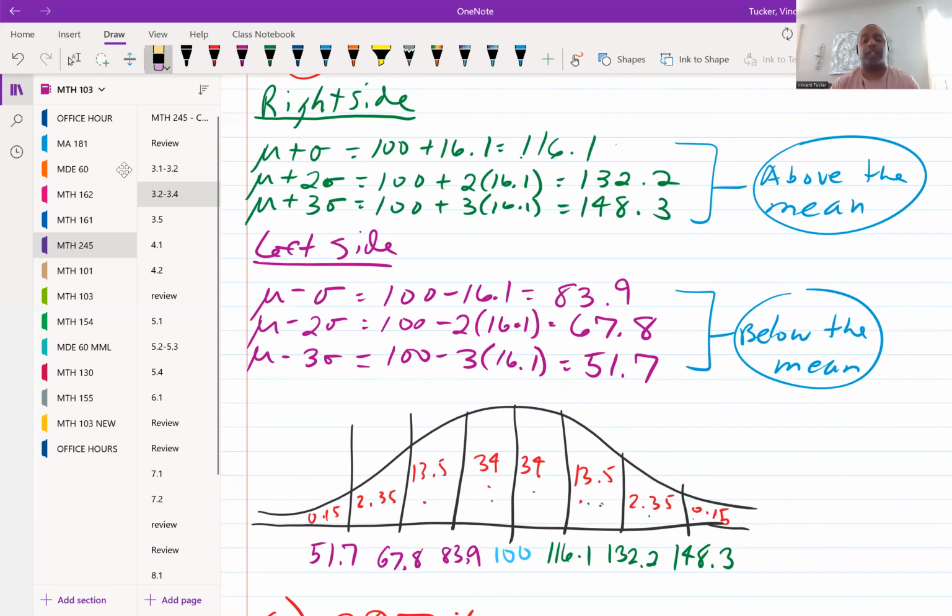All right. So this is how it will work for us. So notice we got our mean in the middle. Remember I told you these percentages do not change. Those are your empirical rule percentages. And then on bottom, those are the numbers we just calculated with the mean in the middle. Values to the right, values to the left.